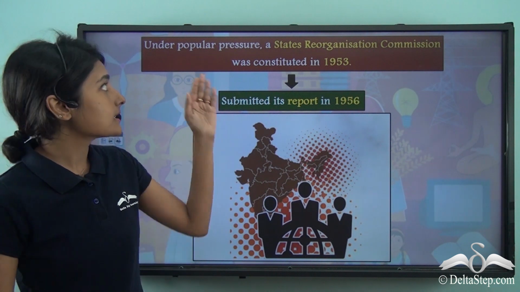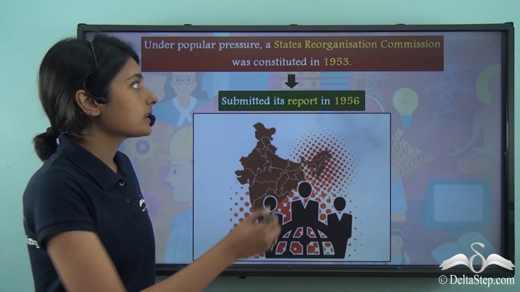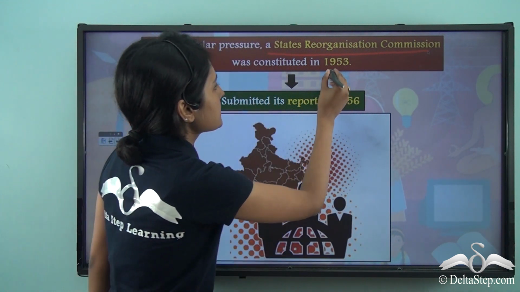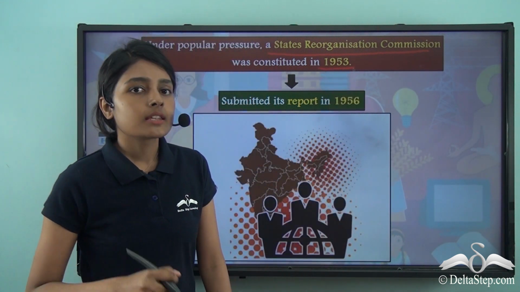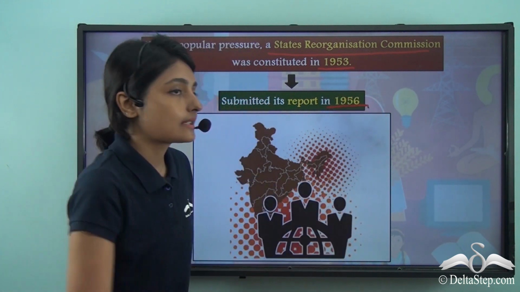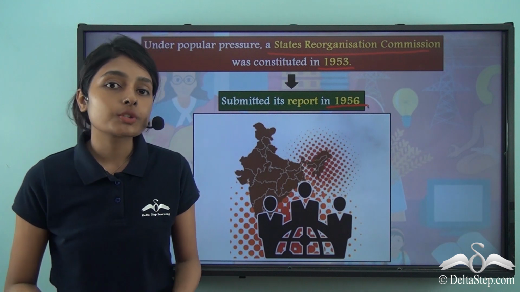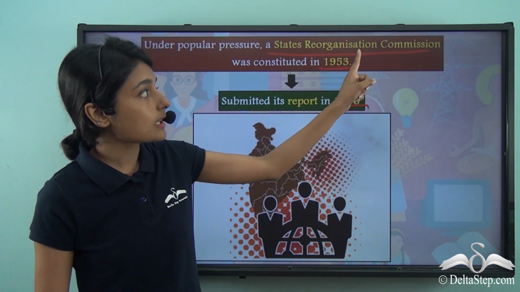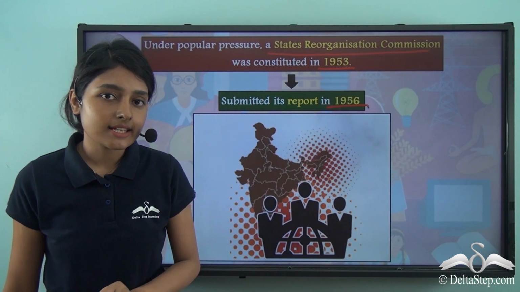And to this end, under popular pressure, the States Reorganization Commission was constituted in 1953. This commission submitted its report in 1956. Let us now learn about the report that was submitted by the States Reorganization Commission in 1956.